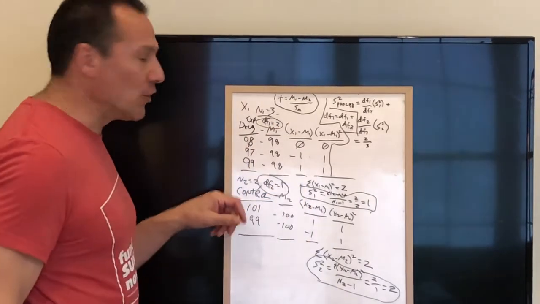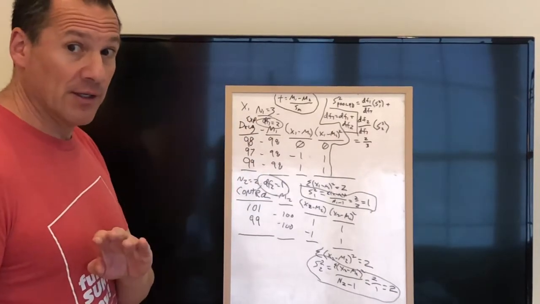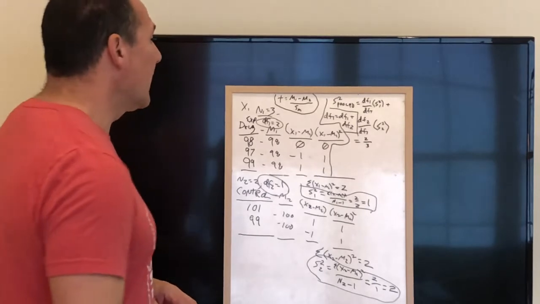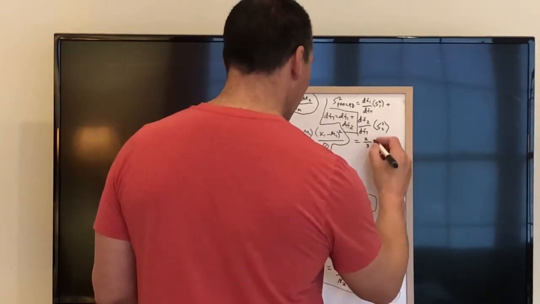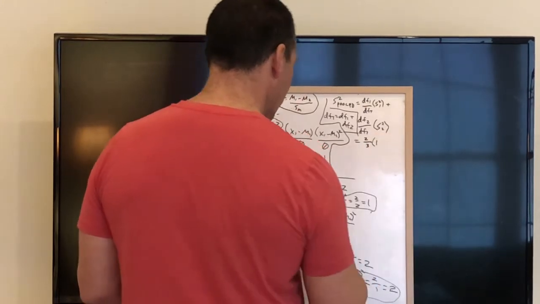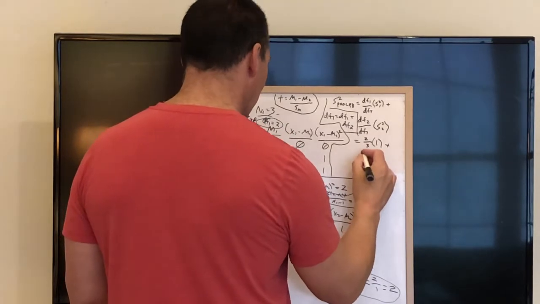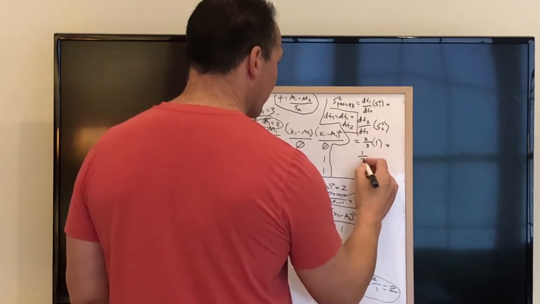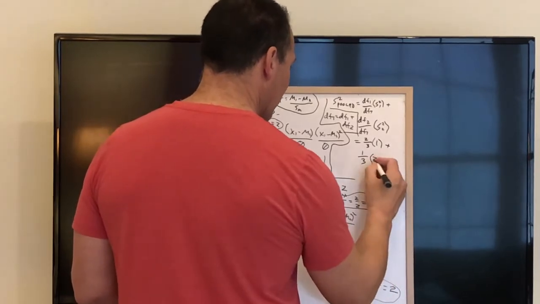Degrees of freedom total is simply df1 plus df2, which is 3. So that's where those numbers came from. So it's 2 over 3 times s squared sub 1, plus degrees of freedom 2, which is 1 over degrees of freedom total, which is 3, times s squared sub 2, which is 2.